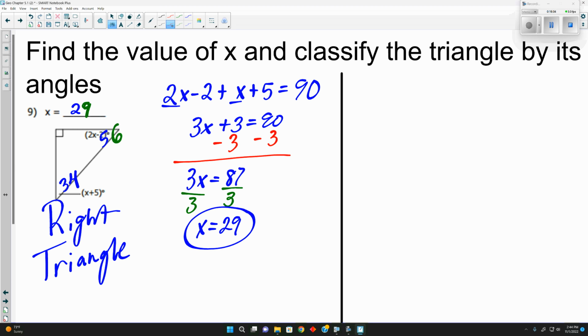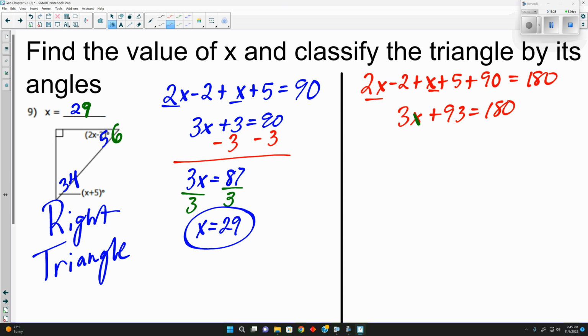Now, I split this page in two to show you also if we did this as, set it equal to 180 and added all three together, we'll still get to the same answer. Because here 2x plus x is still 3x. Negative 2 plus 5 is plus 3 plus 9 is going to be plus 93.